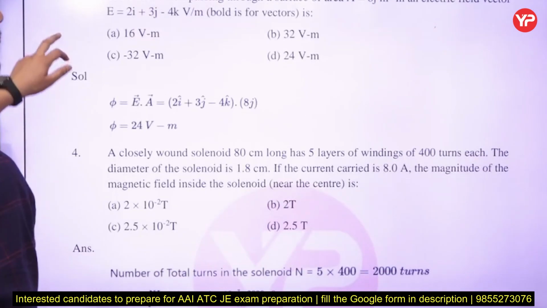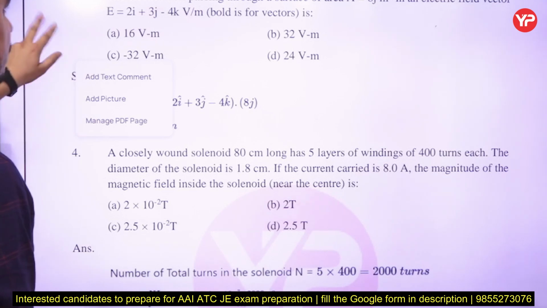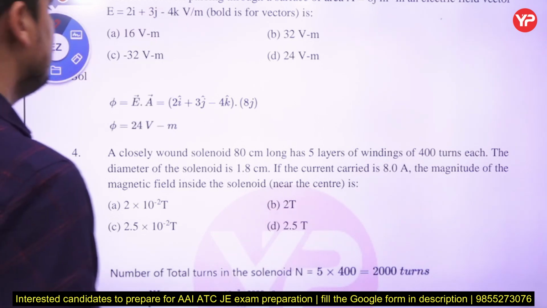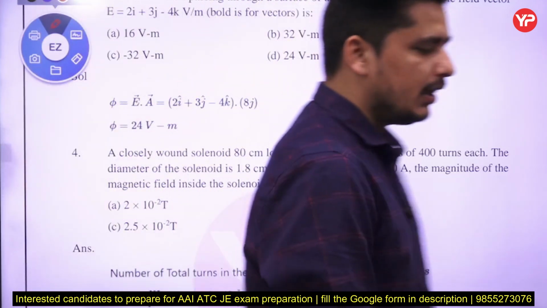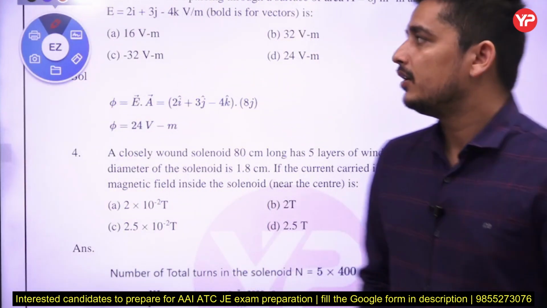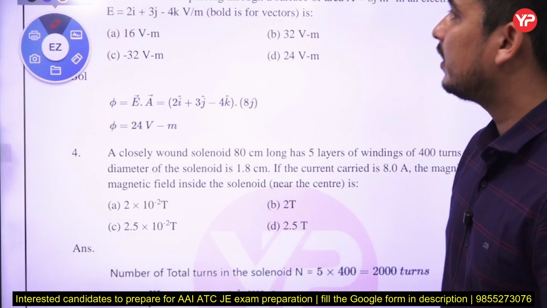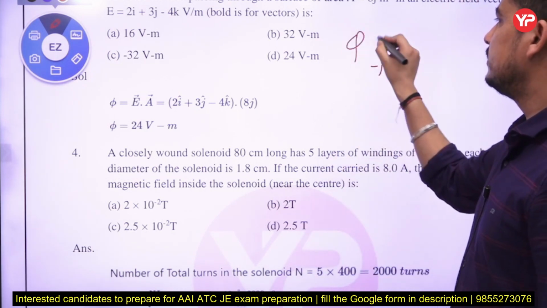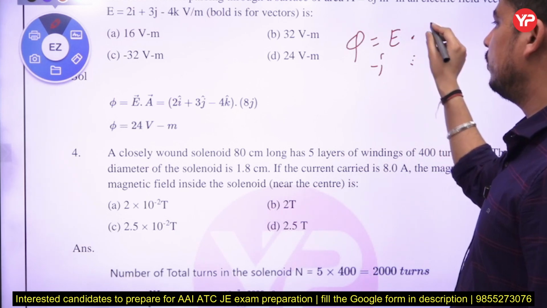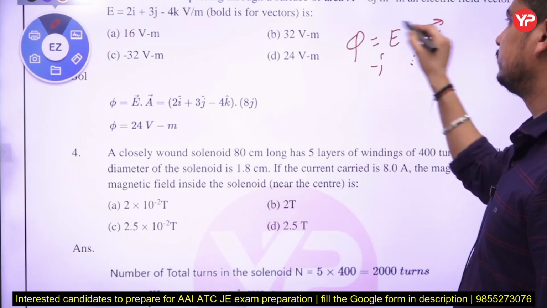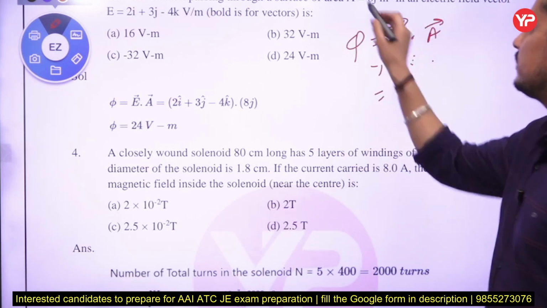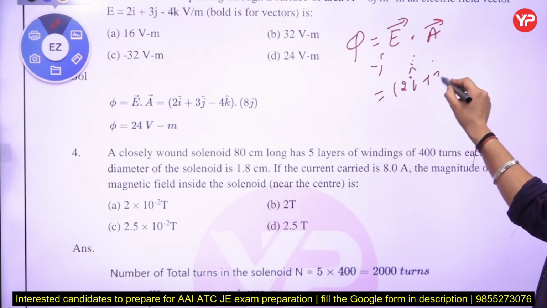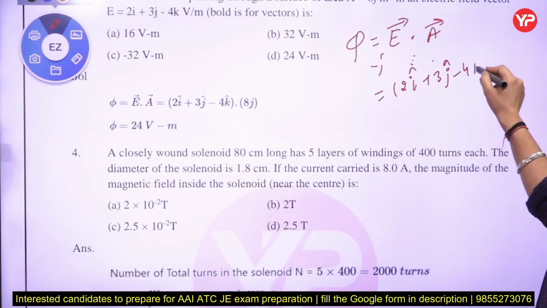Okay, next, electric flux passing through the surface A and electric field vector E is given. Whenever you are calculating the electric flux passing through any surface, electric flux phi is generally E dot A. E is given to you, that is 2 i cap plus 3 j cap minus 4 k cap.